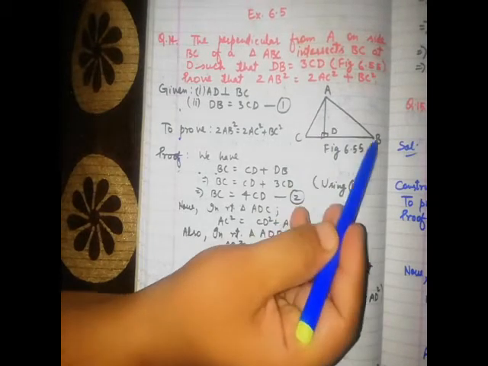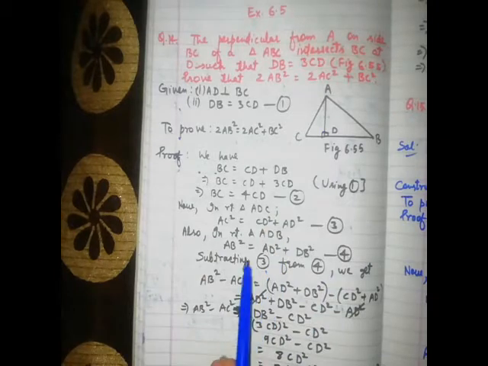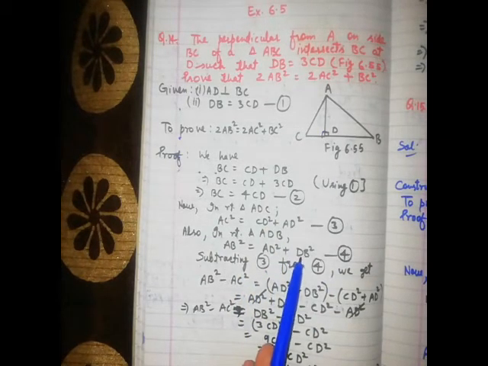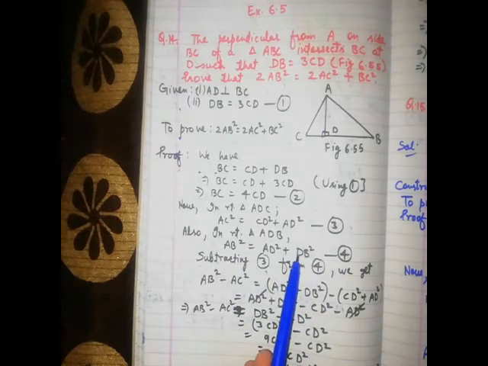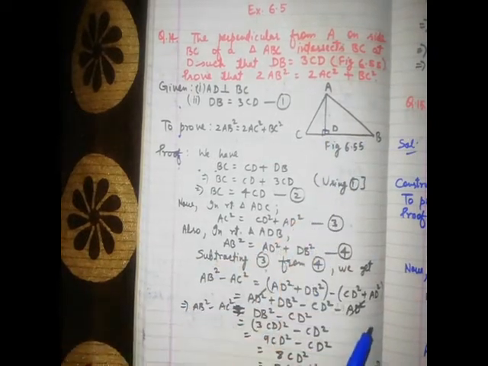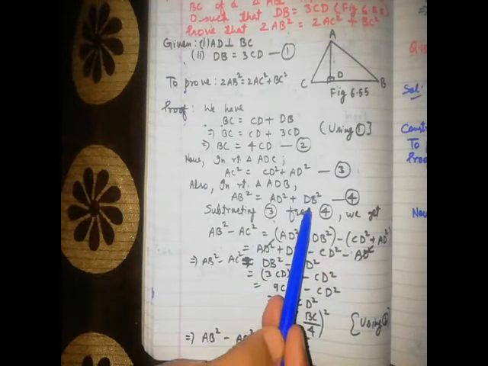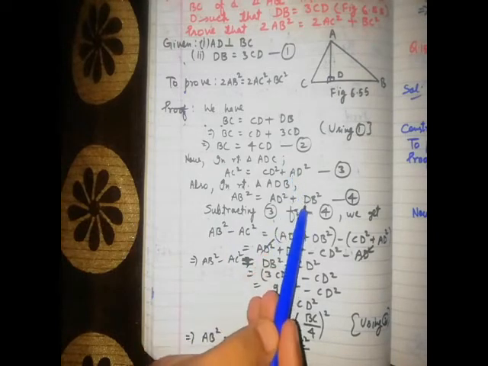AB square will be equal to AD square plus BD square because AB is hypotenuse. This is equation number 4. AB square equal to AD square plus DB square. DB and BD is same. We can write either DB or BD. It makes no difference.